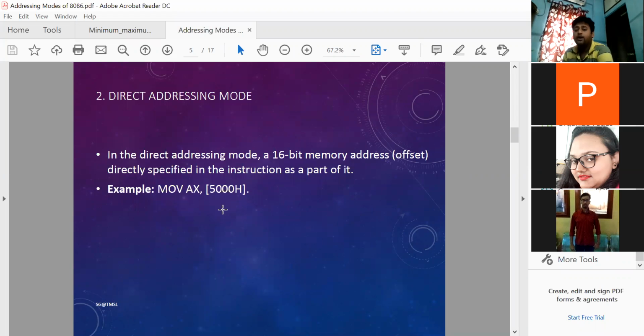Assume the segment is DS, data segment, which is equal to 2000. So here this 5000 is used as your offset address. So segment address is given as DS, which is equivalent to 2000, DS equals 2000, and your offset address is equal to 5000. Then what will be your 20-bit physical address? Calculate it and tell me the result.